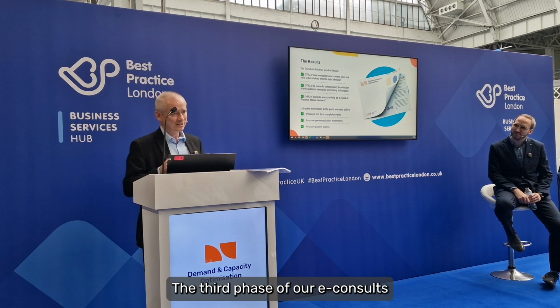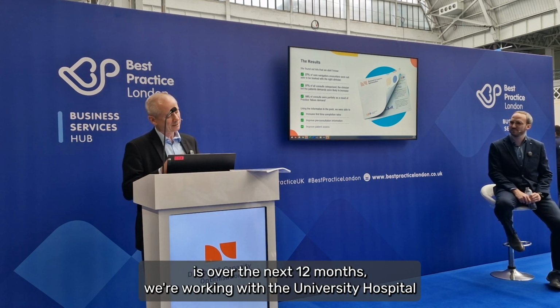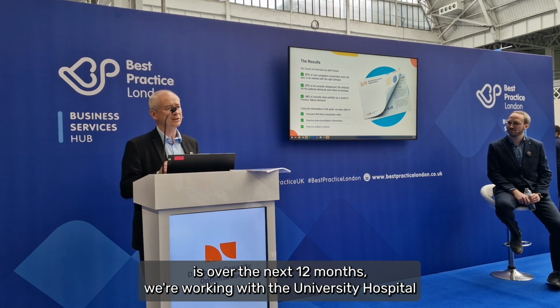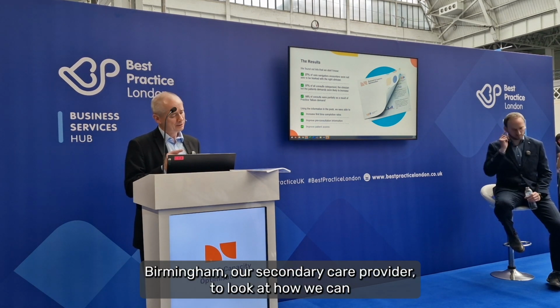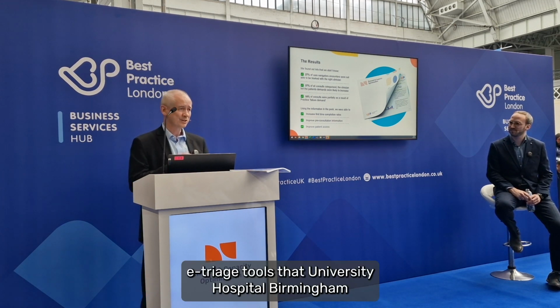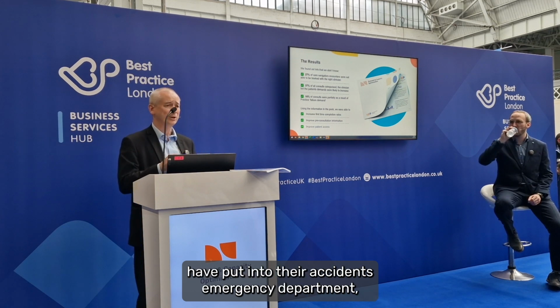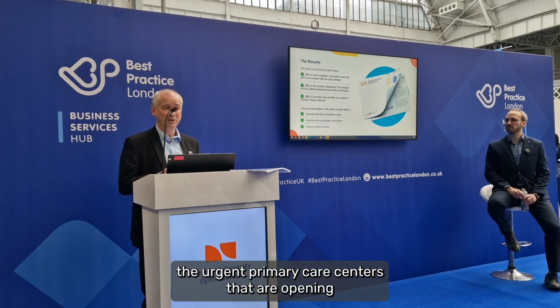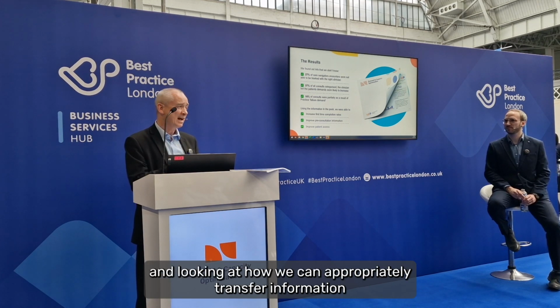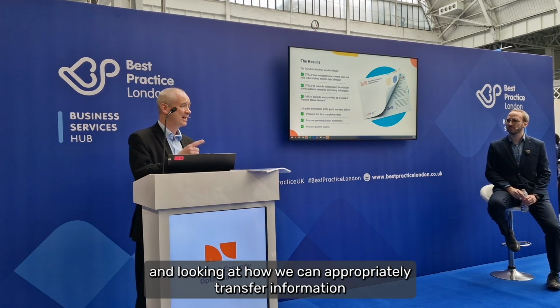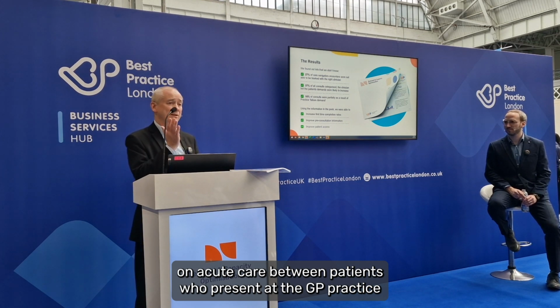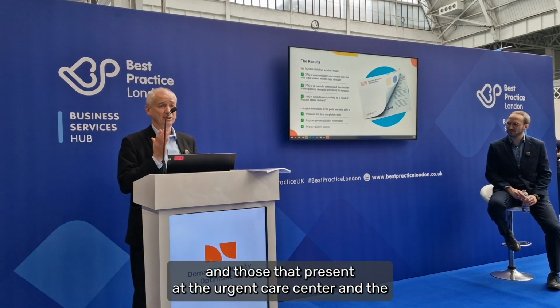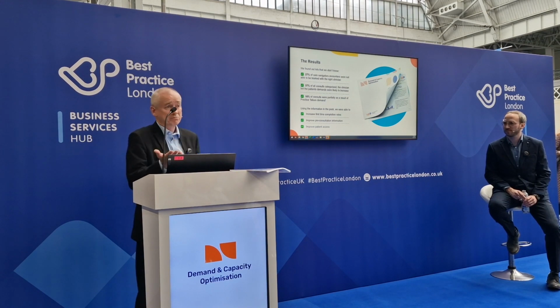The third phase of our eConsult over the next 12 months, we're working with University Hospital Birmingham, our secondary care provider, to look at how we can integrate with the planned e-triage tools that University Hospital Birmingham are putting into their accident emergency department, the urgent primary care centres that are opening, and looking at how we can appropriately transfer information on acute care between patients who present at the GP practice and those that present at the urgent care centre and the emergency departments.